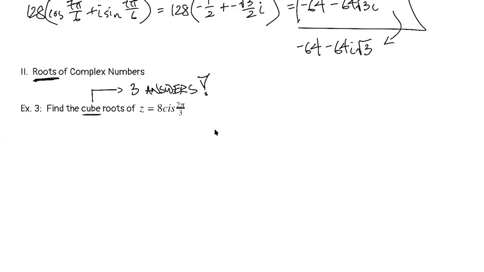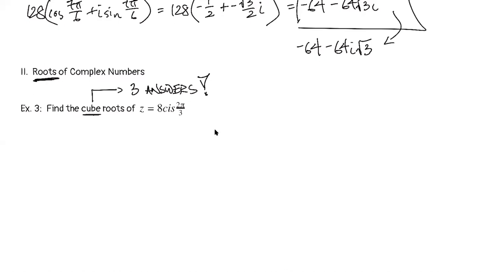Now, if I said find the square root of something, how many answers would you be looking for? 2. And if I said the 4th root? 4, okay? So if it says cube root, at the end you need to have 3 answers. If it says square root, then at the end you're going to have 2 answers. But if it says 4th root or 5th root, then you need that many answers, okay?